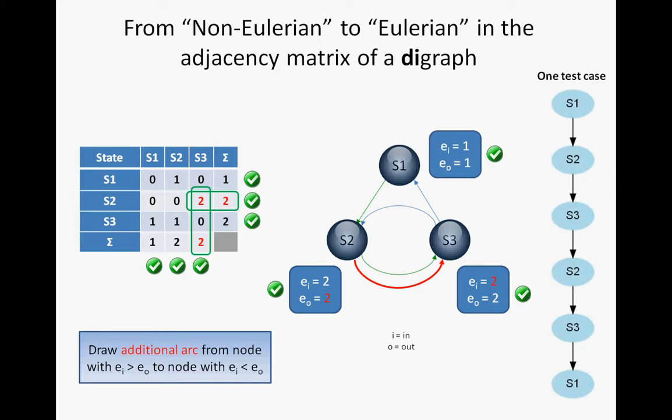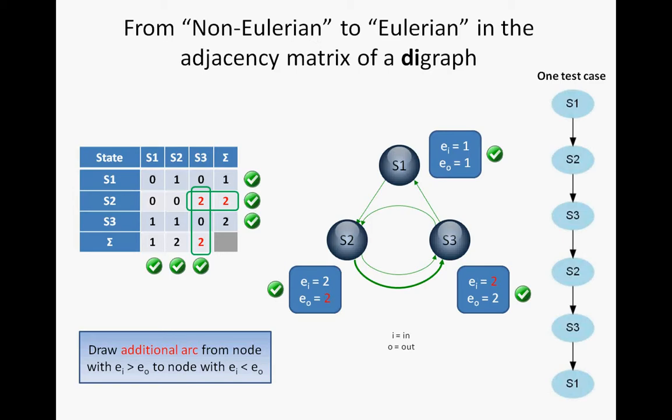We now go back from S3 to S2. Then we use the edge we had added and return from S2 to S3. The last step of our test case is to do the transition from S3 to S1.